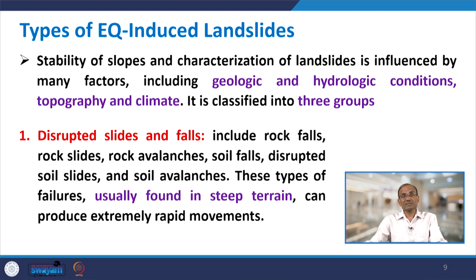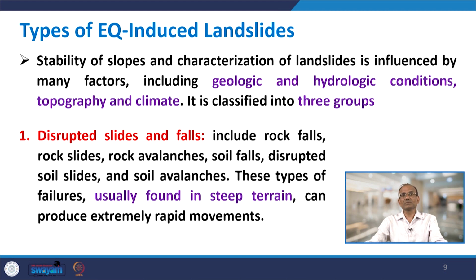These landslides can be broadly classified into three groups. The first one is called disrupted slides and falls, and it includes not only slides related to rock, but also soil: rock falls, rock slides, rock avalanches, soil falls, disrupted soil slides and soil avalanches. So many are included in this category.